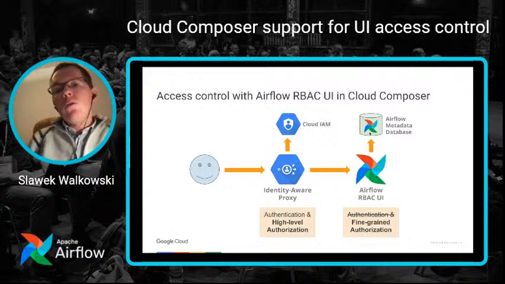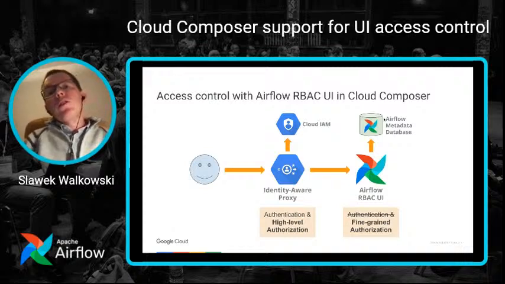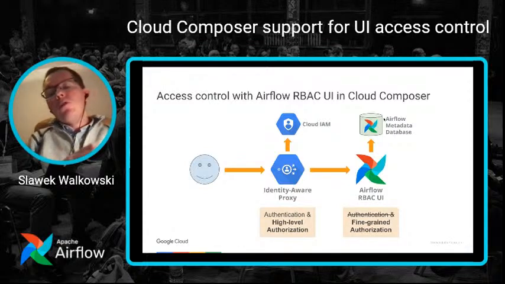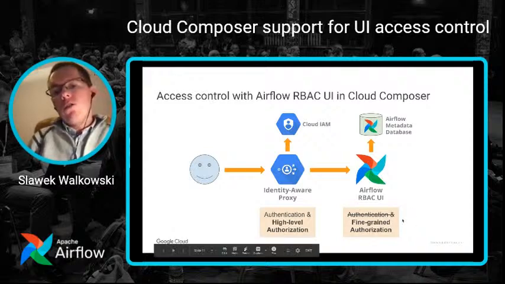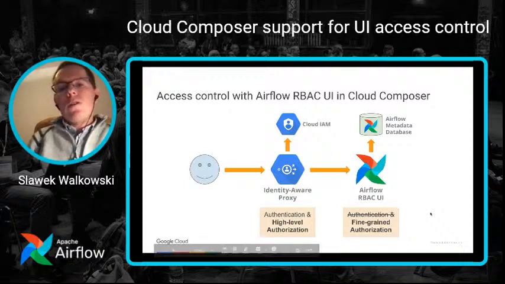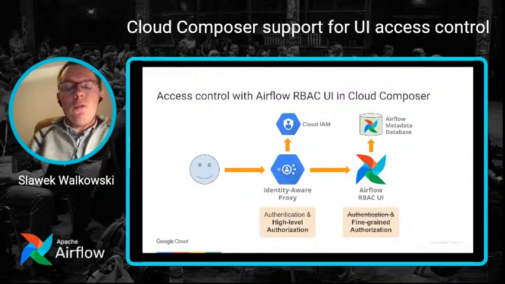So it has its own representation of the security model. I mean, users, permissions, and roles. And this is how the fine-grained authorization is handled. What is interesting is that we don't do a kind of double authentication. I will speak about this more in a few minutes.